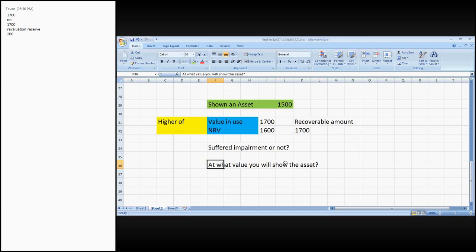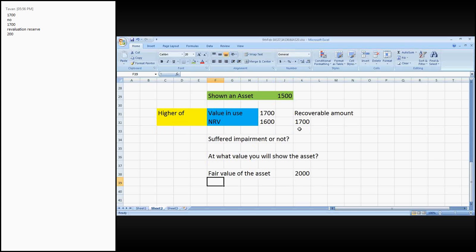I've said that this is the recoverable amount. Do I mean that this is the fair value of the asset? The fair value of the asset I'm talking about is 2000. Cost to sell is 300.